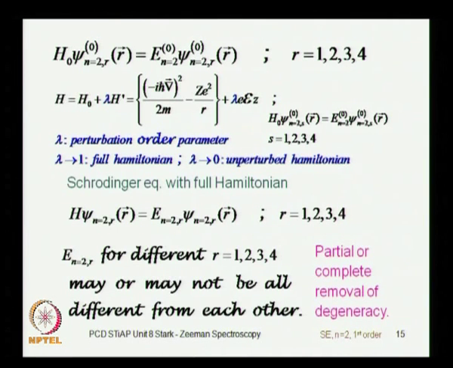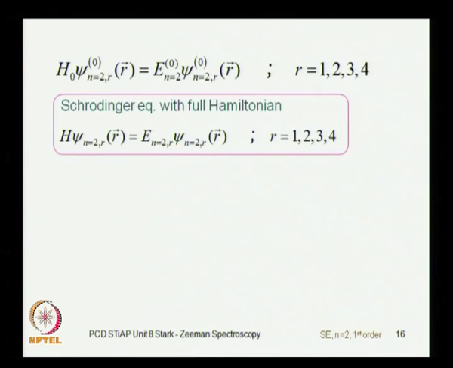The degeneracy may be removed either partially or fully, and that is something that we will have to take into account. In this case, in fact, it will turn out that the degeneracy is not fully removed, but it is partially removed, and that is good because it reduces our problem considerably.